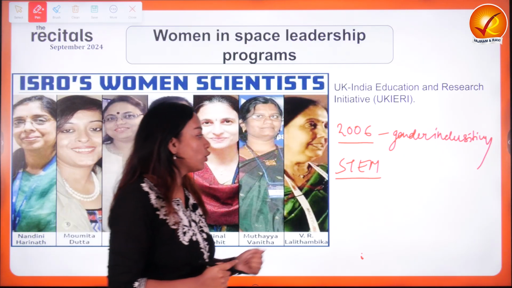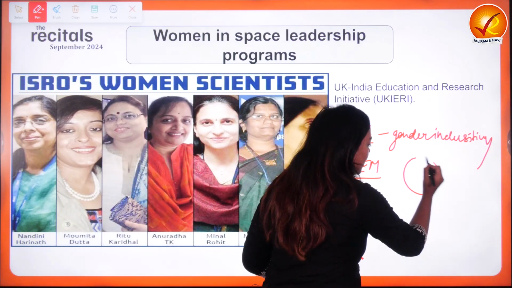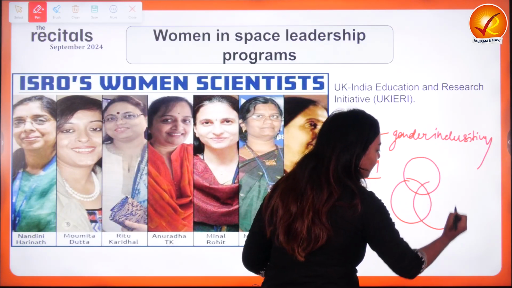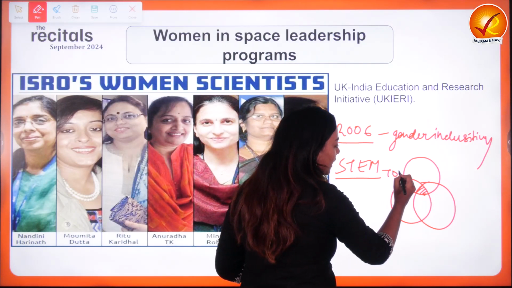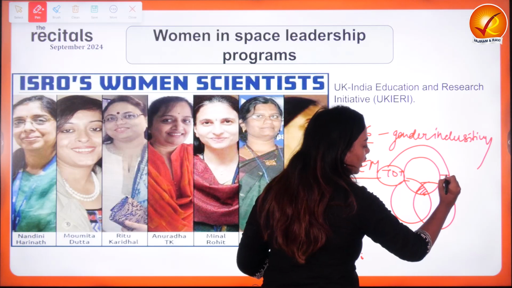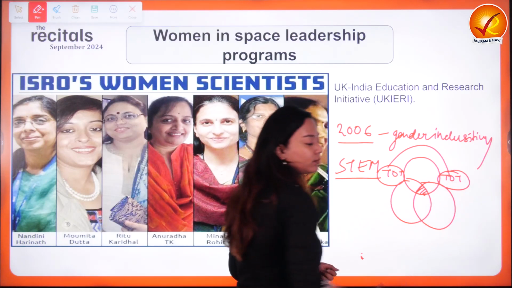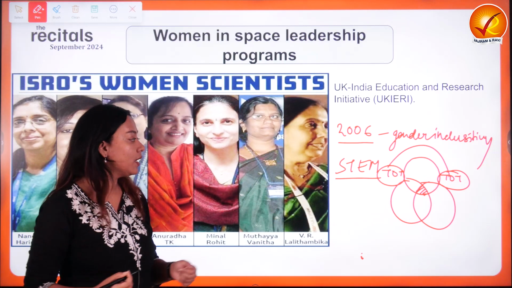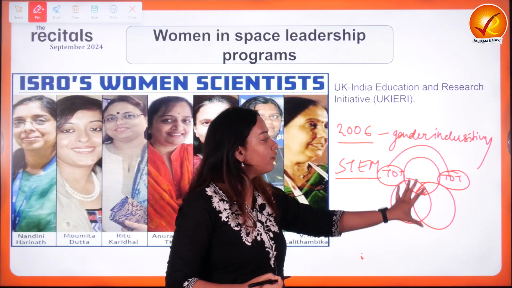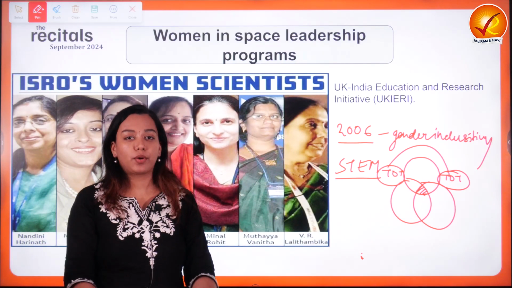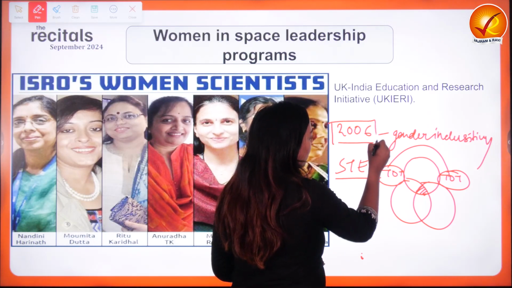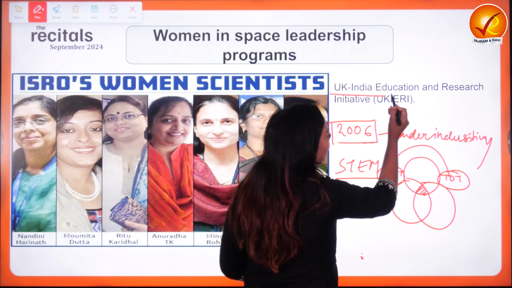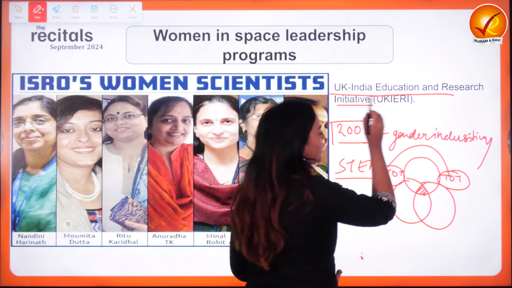And not only that, it also ensures industry, academia and governmental collaboration in the field, and also technology transfer from one country to another, and skills transfer as well. So that is the agenda of this wider program, which got launched in 2006 by the name of UK India Education and Research Initiative.